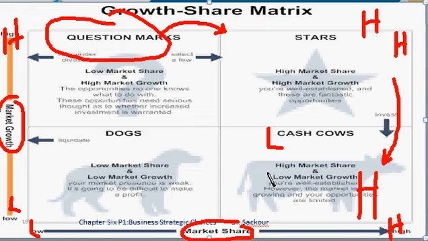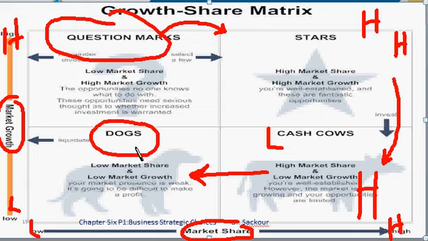And normally, all things will have an end, and the industry or this product or service will have an end, and it will end in the area where there is low market share and low market growth, and the product is at its end. And this is very normal.